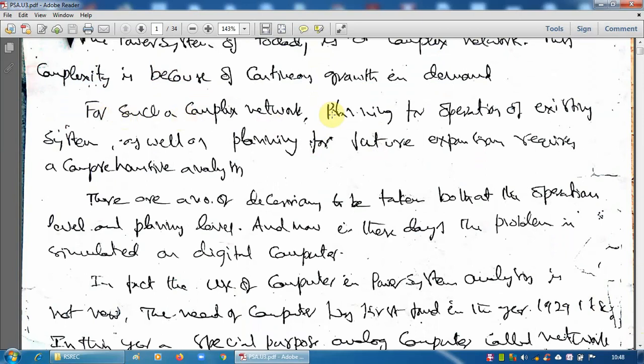For such a complex network, we need planning for operation as well as planning for future expansion.